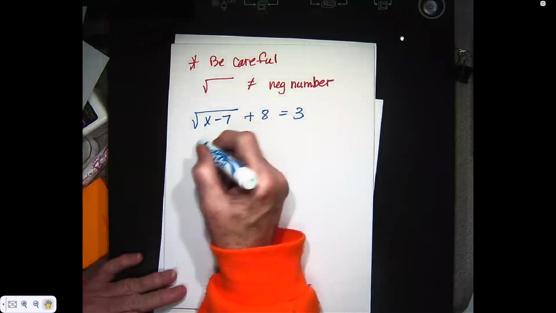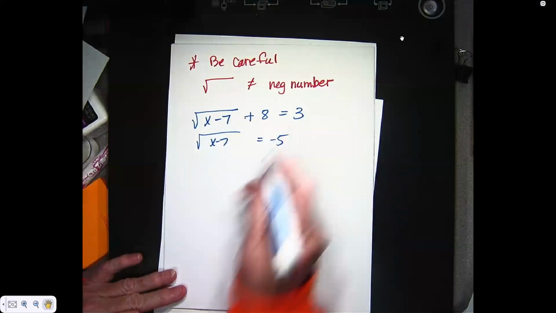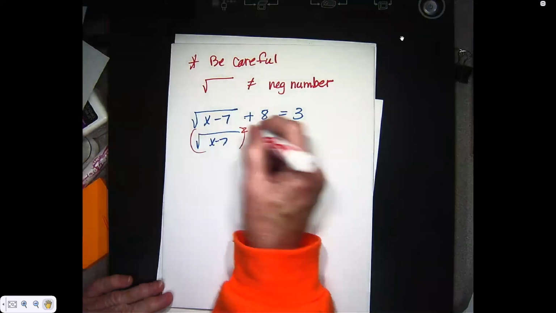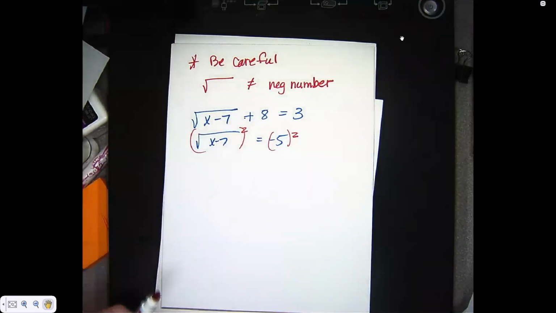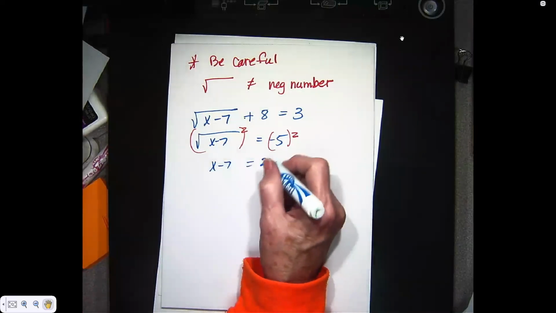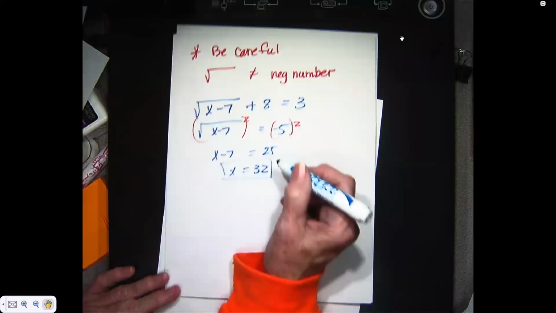Working the math, you get the square root of x minus 7 is equal to negative 5. And you guys get in the mode of just doing something, so square, and you get x minus 7 is equal to 25, x is equal to 32. So all seems great and good.